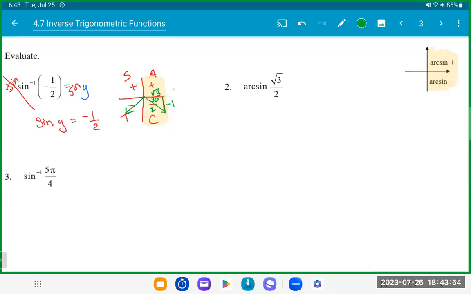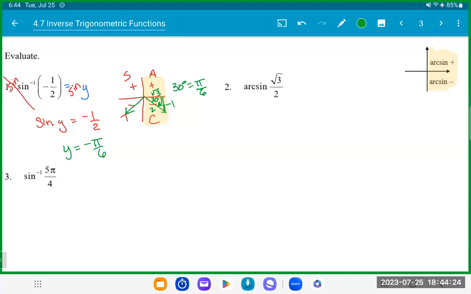If that's 30 degrees, that's equivalent to π/6, right? But I can't say that this is whatever that is. Nope, we can't do that because we're crossing bounds. So what I have to say is that y is equal to -π/6, because that's what gets me to that point.